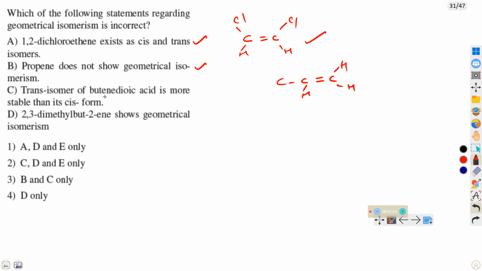Trans isomer of butenedioic acid is more stable than cis form. Correct. 2,3 dimethyl butene shows geometrical isomerism. Meth, eth, prop, but. 2,3 dimethyl butene, CH3 CH3. No, it does not exhibit.